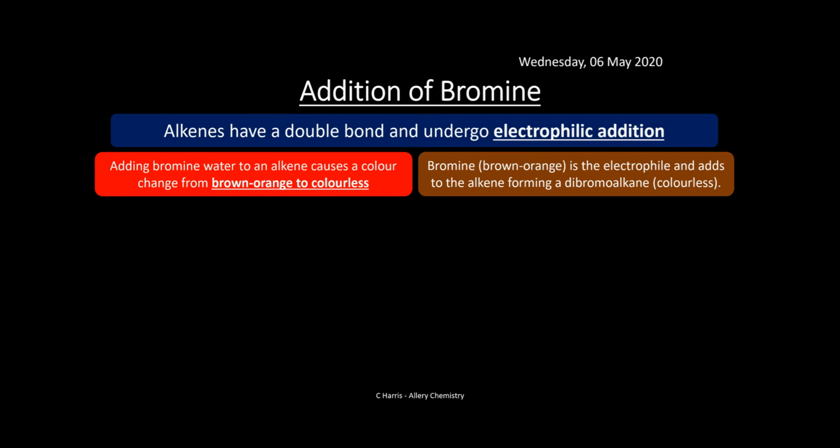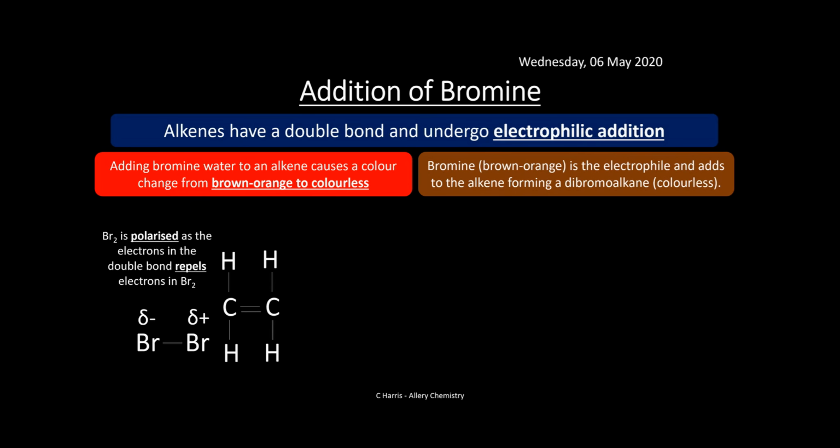And what the bromine does is it adds on to the alkene. So you can see here, bromine's polarized. So what happens is we have a polarized molecule. So it's an induced polar molecule. As it approaches this double bond, we get electrons in this bond moving to one side of the molecule because of electron repulsion. There's loads of electrons in that double bond there.